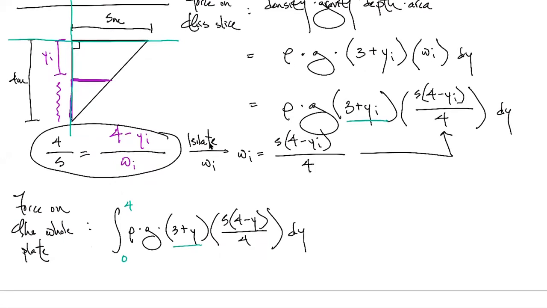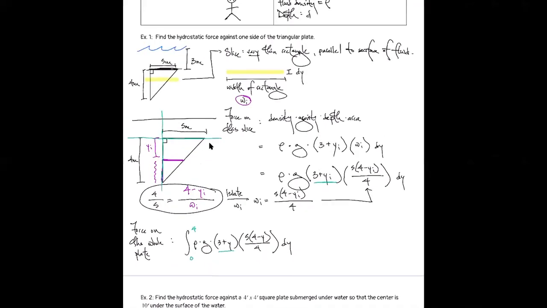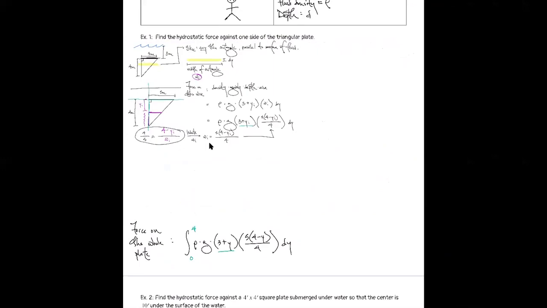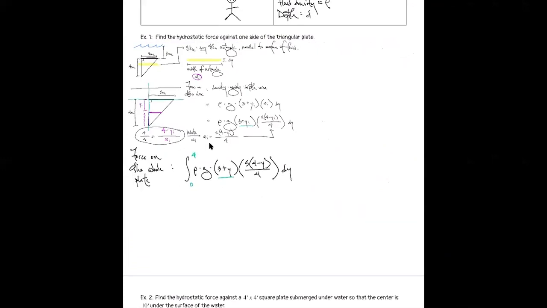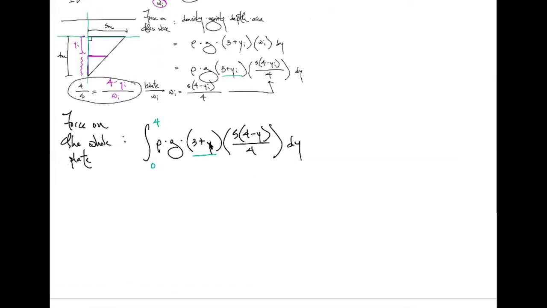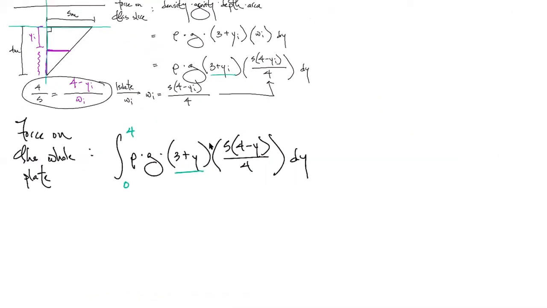So now that we have this whole equation, let's see what we actually need to integrate, because some of these are constants, and so we can pull those out to the front. Okay. So let's shrink some things. Okay.